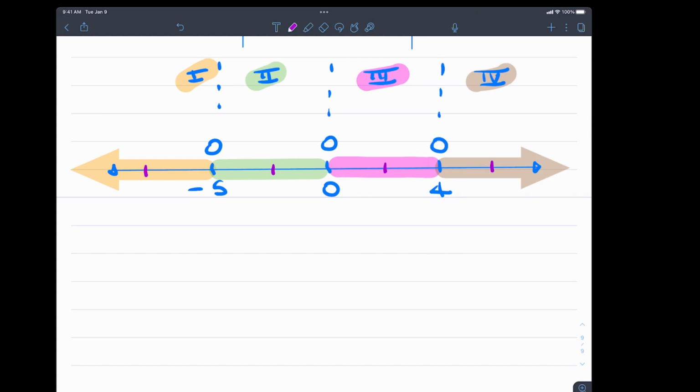Negative 7? Okay. That's to the left. Give me a number in region 2. -1? Okay. Give me a number in region 3. +1? Okay. And then a number in region 4, you might say 8. These are all what again? These are your test points.